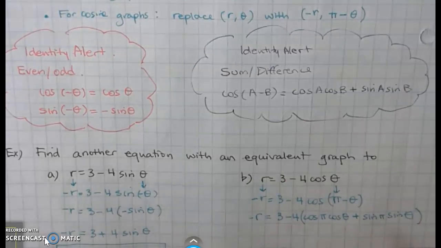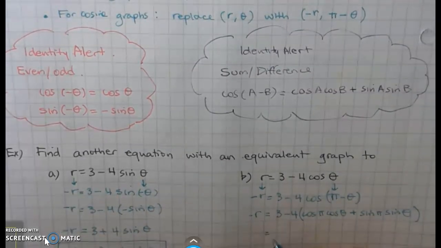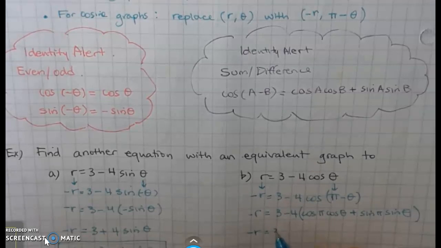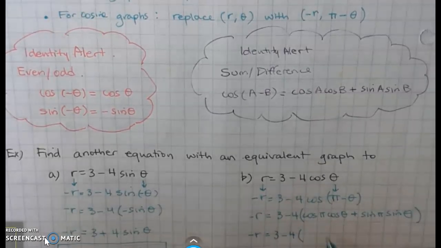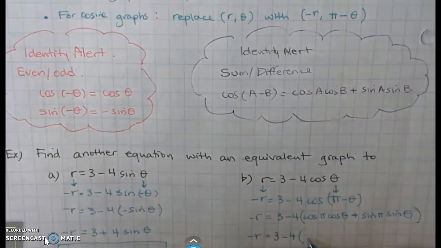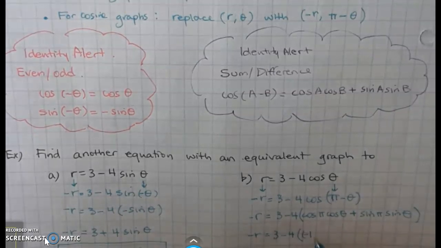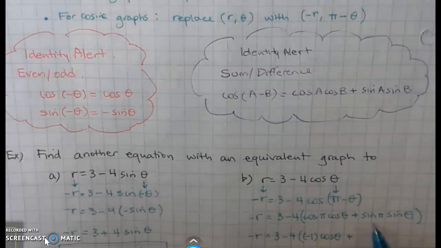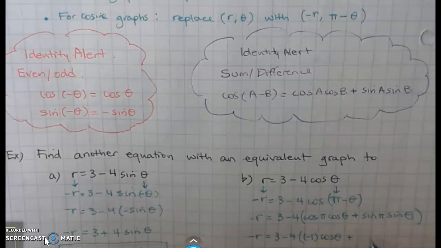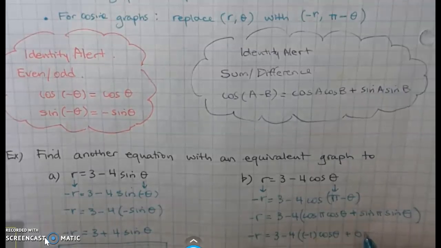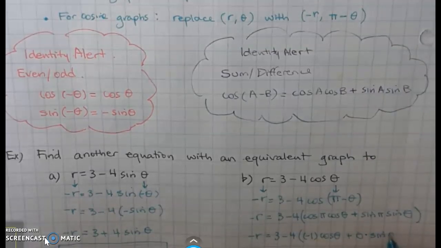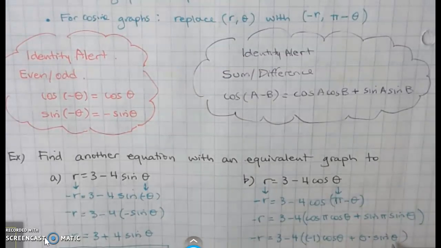Now we just need to simplify. Negative r is equal to 3 minus 4 times, what's cosine of pi? That's negative 1, times cosine of theta, plus what is sine of pi? Sine of pi is 0, and that's multiplied by sine of theta. And 0 times anything is 0, of course.